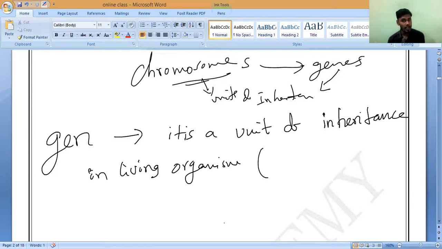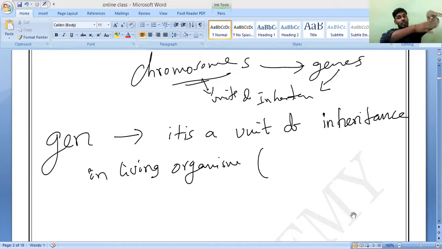From a parent to offspring during reproduction. It determines some characteristic features of the offspring. Some characteristics the parents have, the same will come to the children, the offspring. That is what we call a gene.